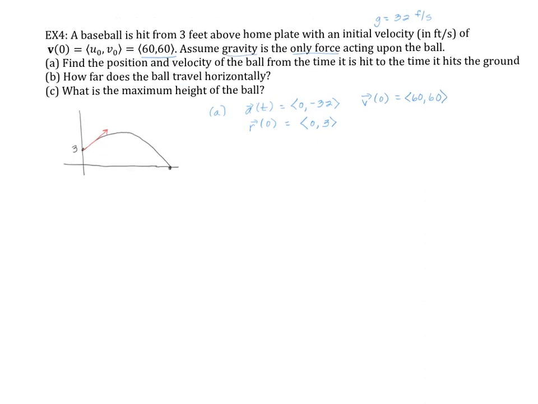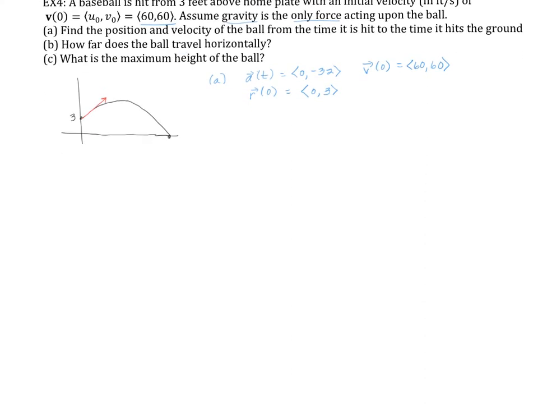I'm supposed to find my velocity vector, so I'm just going to go ahead and use that formula on the other page. Our u sub 0 is 60, comma, this is going to be negative gt, so negative 32t, plus v sub 0, which is 60. And I'm done. I've got my velocity vector.